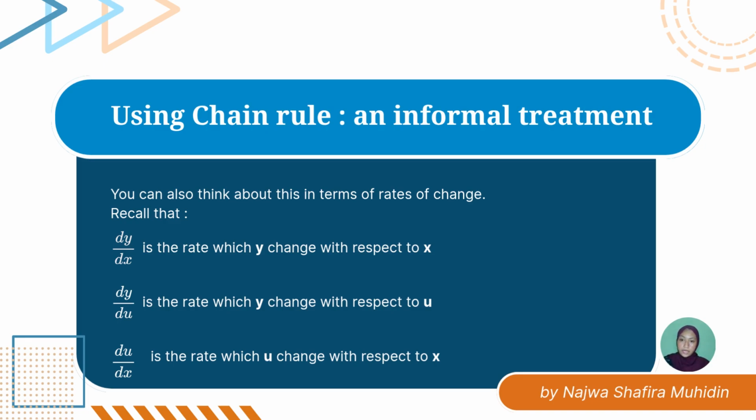dy/dx is the rate at which y changes with respect to x. dy/du is the rate at which y changes with respect to u. du/dx is the rate at which u changes with respect to x.